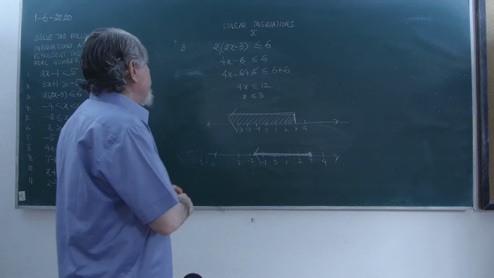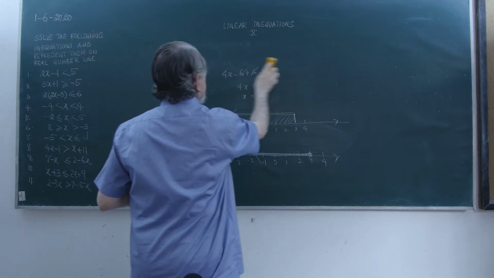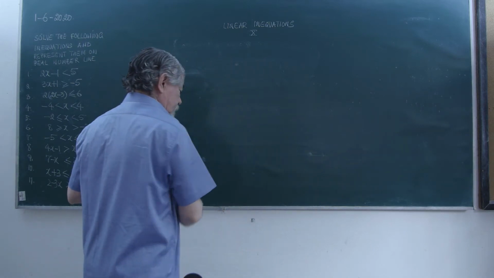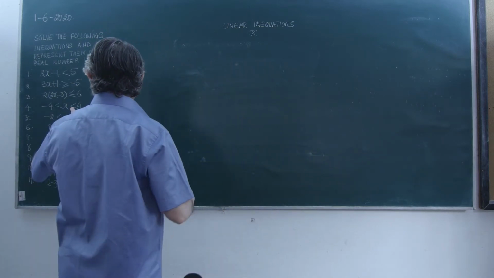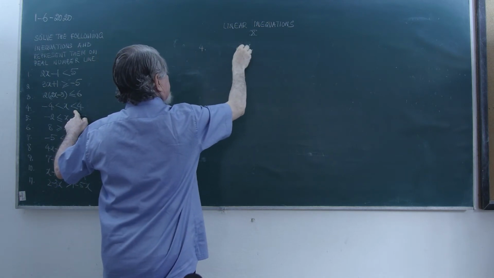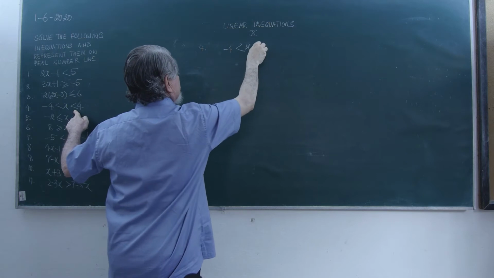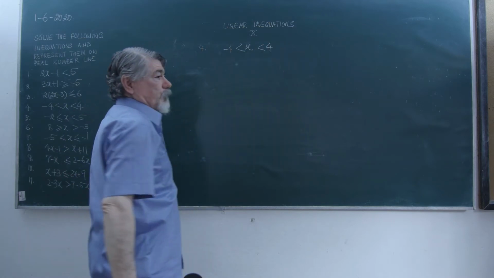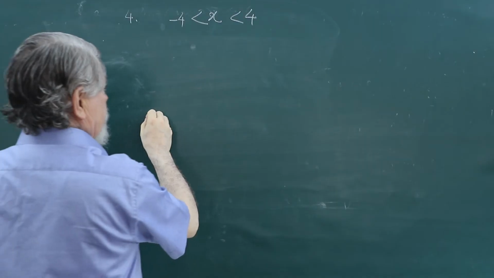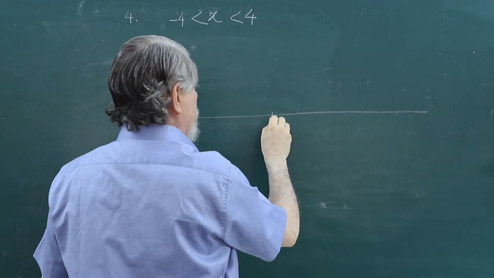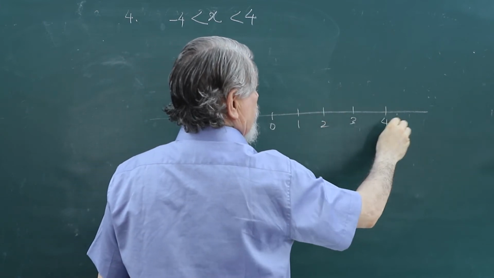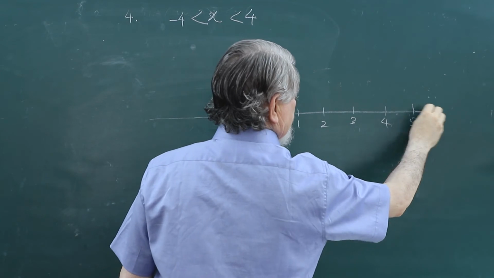Now, the fourth one is x is greater than minus 4 and less than 4. In this, not equal to. It is greater than minus 4 and less than 4. So 0, 1, 2, 3, 4, 5, you can say.